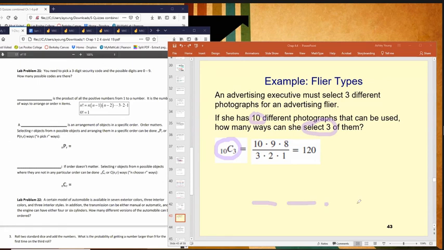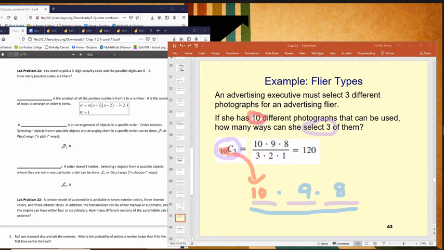And since I have 10 photographs, I start with 10 right there, and then I multiply down the rest of them, 9, and then 8. But we're not done yet, because it's a C, you have to divide out the duplicates. So I'm going to divide by, and the beautiful thing is, since there's 3 of them, I divide by 3 factorial.